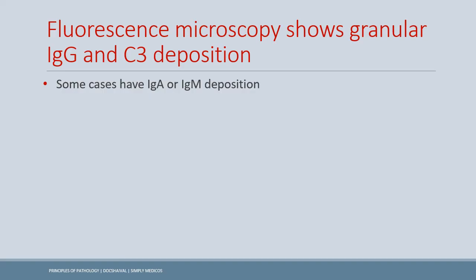Now in fluorescence microscopy we see a granular pattern of immunofluorescence. How do you get to know why? Let's say we have our basement membrane, then our endothelium, and then the podocytes. The complex deposition starts from here and then comes here, so we have subepithelial humps or subepithelial deposits.